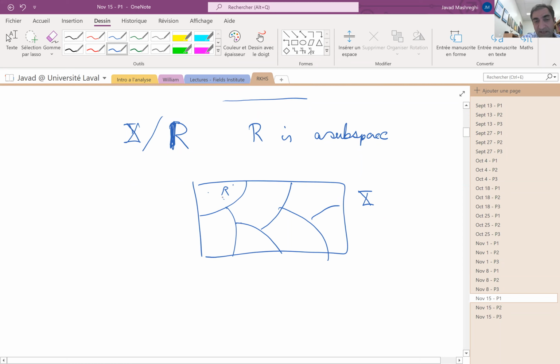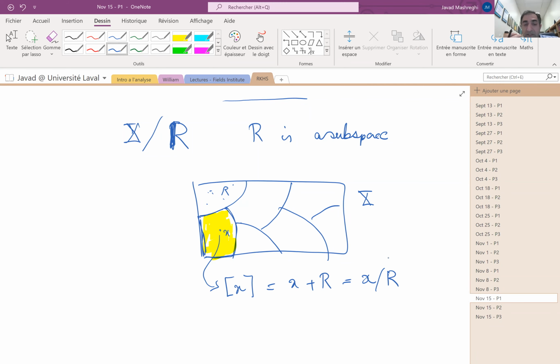And instead of considering elements like this, we consider each cell as one element. So one element now is a cell. So for an X given here, this cell is either denoted by bracket X or sometimes X plus R. In some books, they write X/R, many different notations. But the whole idea is that we consider the cell of X, the coset created by X, as one element. And depending on different R's, we create different cells and different vector spaces.